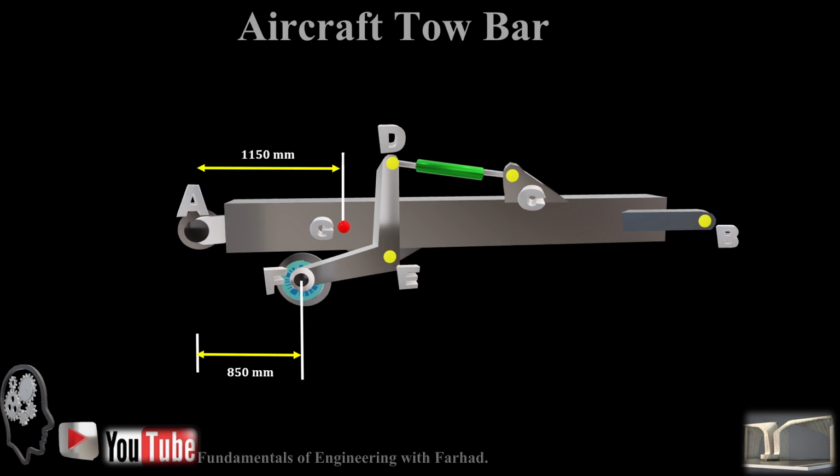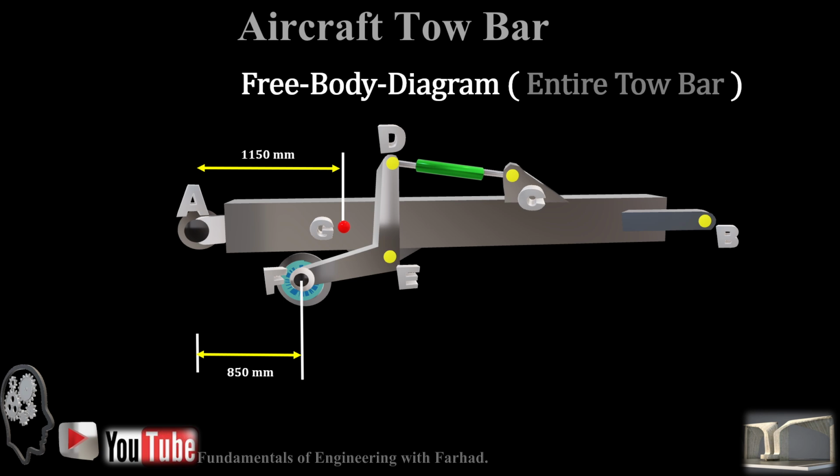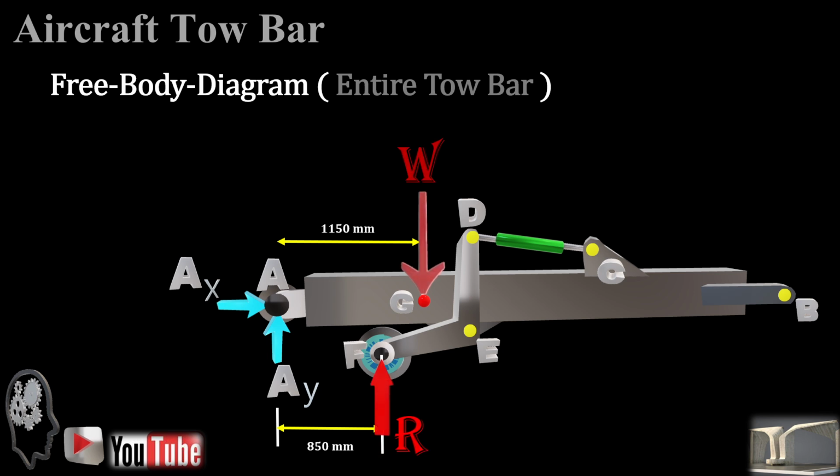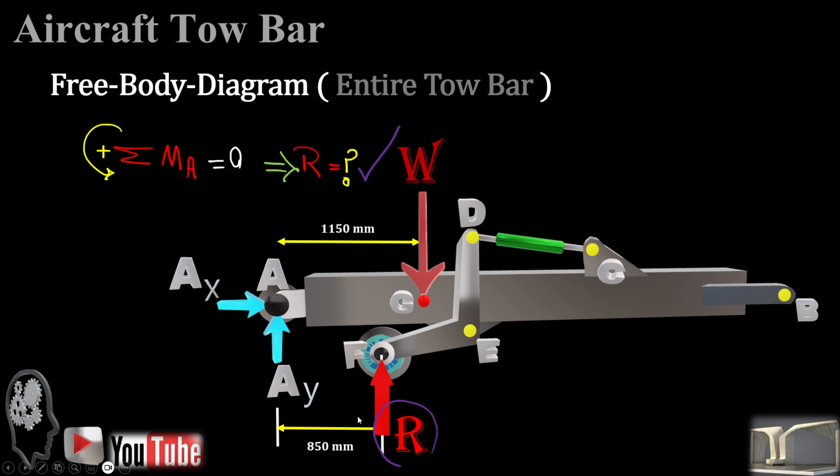First, we will draw the free body diagram for the entire tow bar system, and you can easily see the external forces like AX, AY at the pin, the weight which applies at the center of gravity, and R which applies at the wheel at point F. Summation of moment about A goes zero, which cancels out these two forces, and because we already know the mass, multiply that by G to get the weight of the entire system, which applies at the gravity center. The only unknown of the problem is R, which is simply calculated.